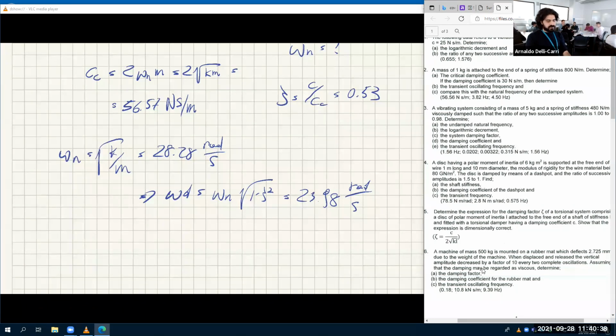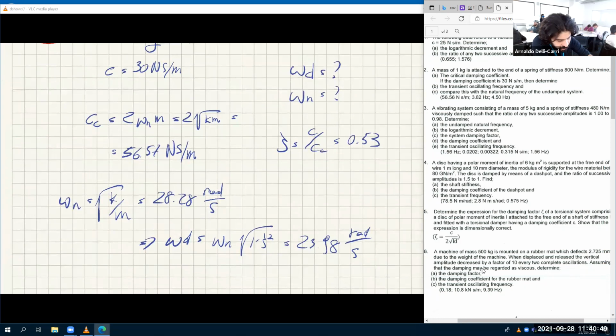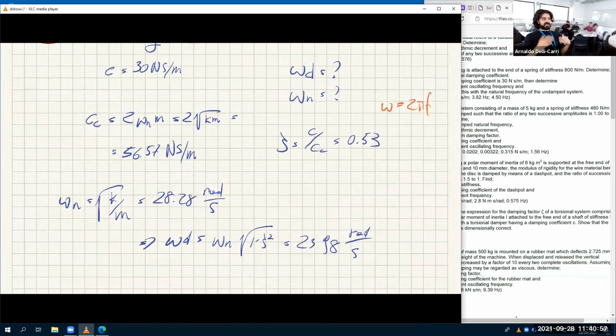Okay, so these are 28.28 radians per second, and this is good because I forgot to tell you one other formula that you'll find in your formula sheet: omega is always 2 pi times f, where omega is your frequency in radians per second and f is your frequency in hertz. Now, omega is also called the pulsation. So you have the frequency and the pulsation. The frequency is in hertz generally, the pulsation is in radians per second.